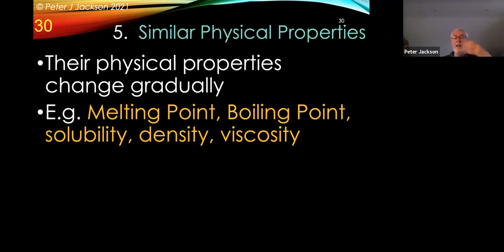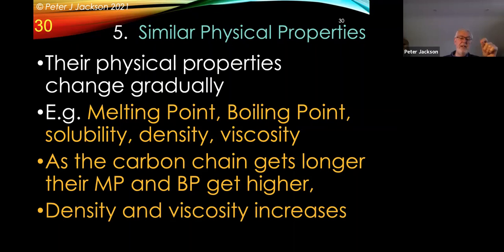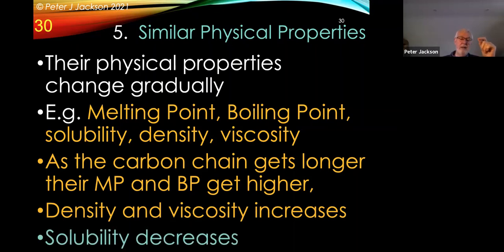It pours very easily. Honey is viscous. It's thick and flows slowly. As the carbon chain gets longer, their melting points and boiling points get higher, their density and viscosity increases, but the solubility decreases. They become less soluble, either in water, if they're soluble in water, and some are and some aren't. We'll discuss later which are and which aren't and why, or in organic solvents.